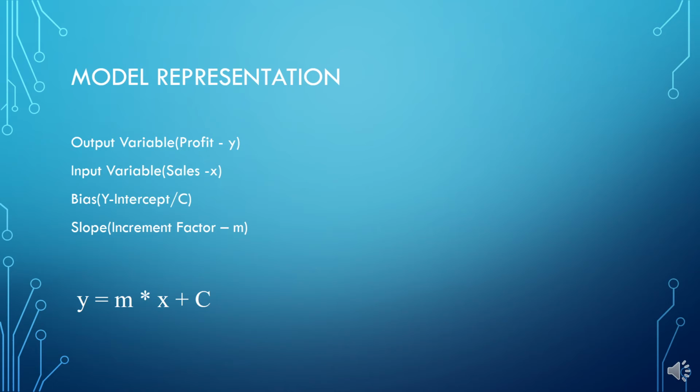So the problem of linear regression is to find the incremental factor m and probably some bias term c that would best fit our data.